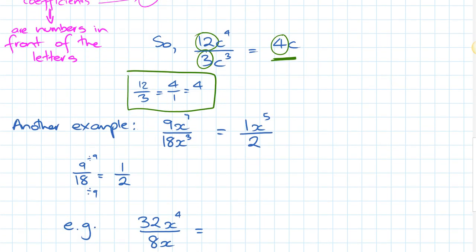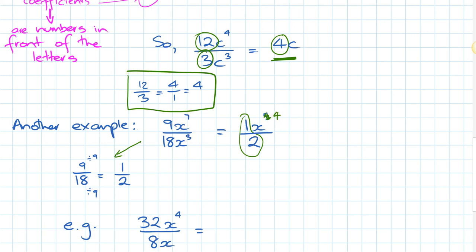Okay, another example. 9x to the power of 7 divided by 18x cubed. Just looking down here to simplify the 9 over 18. So 9 over 18 simplifies to 1/2. So I've written 1/2 here. And then just applying that rule again. So x, that shouldn't be 5 there, whoops. 7 minus 3 is 4.